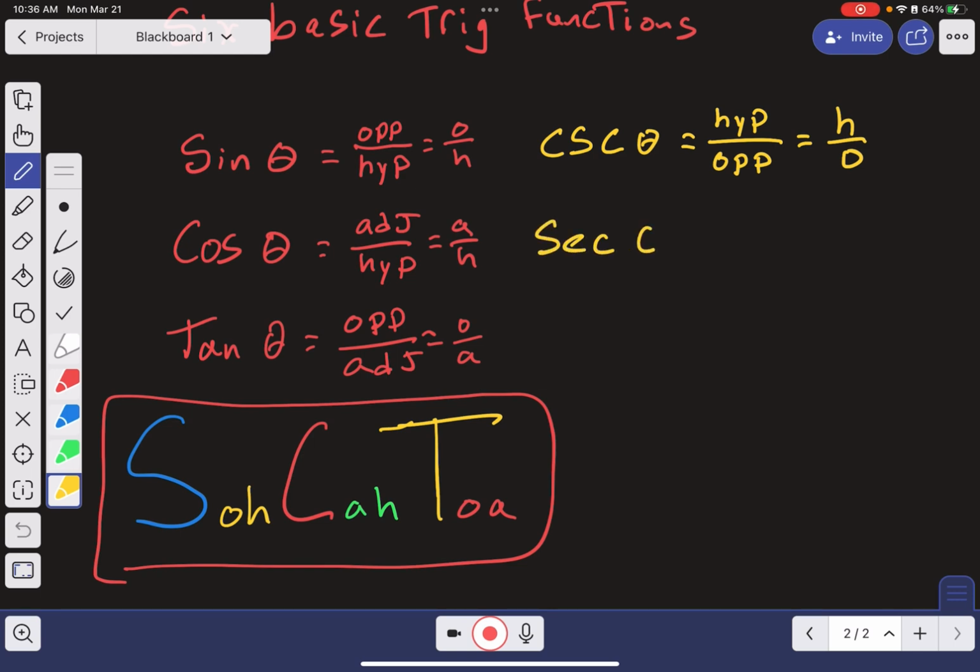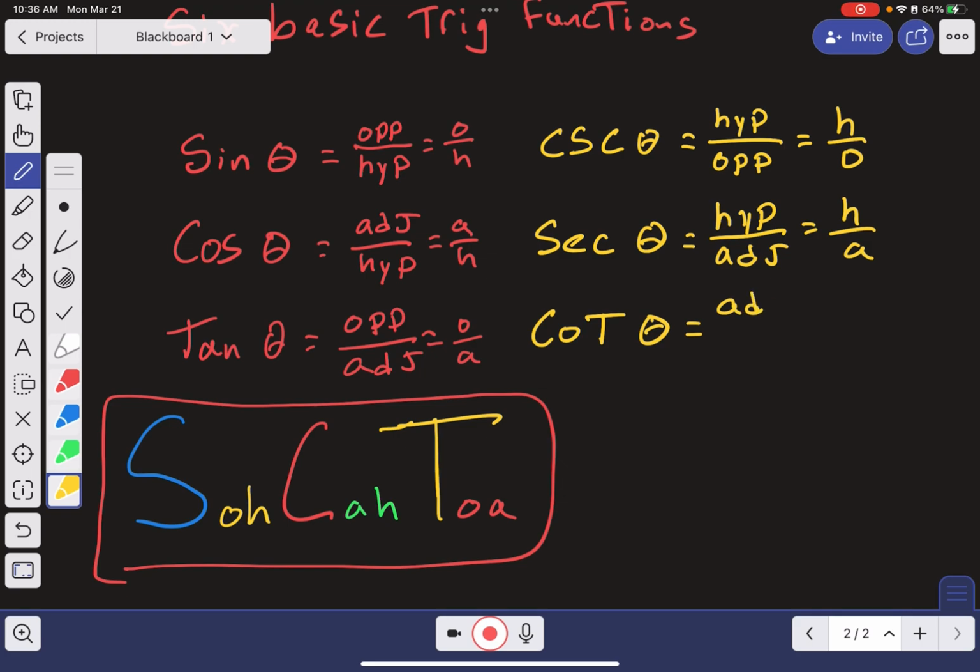Secant theta is our next one. The secant is the reciprocal of the cosine. So this is hypotenuse over adjacent, or H over A. And then the one to me that makes sense, tangent, the reciprocal function, is cotangent, the COT.